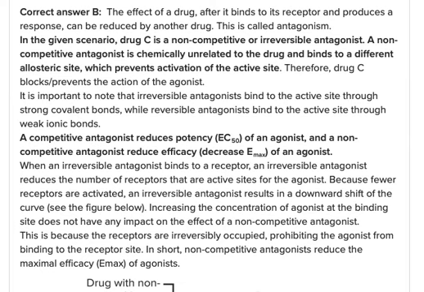Because fewer receptors are active, an irreversible antagonist results in a downward shift of the curve.